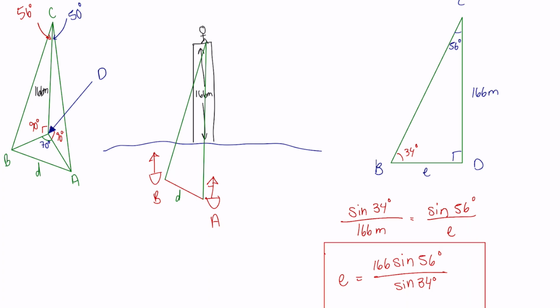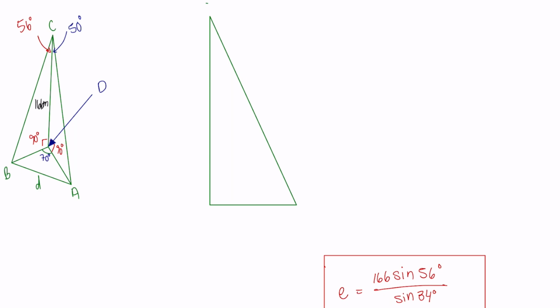And now I'm going to find the other length of the base using the other triangle. So this is triangle CAD. We know that this angle is 90 degrees, this angle is 50 degrees, and this angle is complementary to angle C, so it is 40 degrees.